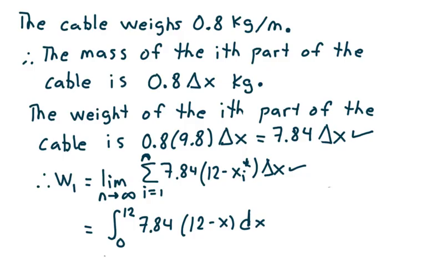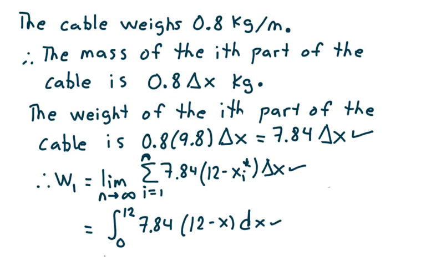If you can set up this Riemann sum, it's easier to transition from that into the integral. So the integral will then be from 0 to 12 of 7.84 times 12 minus x dx, right here.